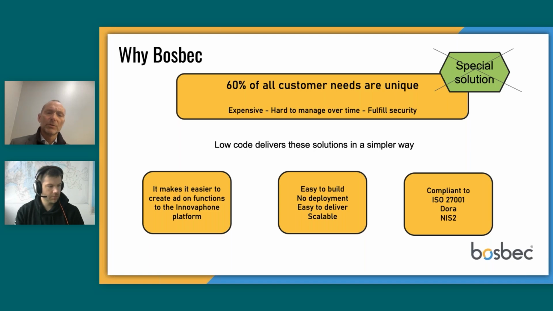So with low-code, you can deliver these solutions in a simpler way, and it will make it easy to create the solution based on the innovaphone platform: easy to build, no deployment, easy to deliver, and it will directly be scalable and used by many people directly. And we will also secure that it will be security compliant to ISO, DORA, and NIS2.